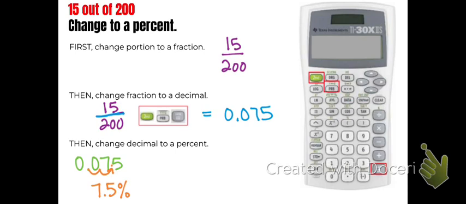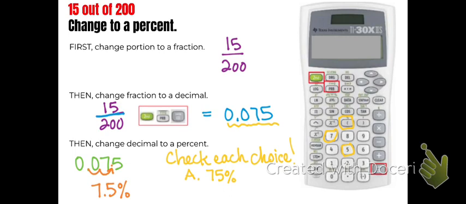The other way you can do it is use the choices. So for example, if choice A is 75%, and I'm wondering, is that the same as 0.075? I can use my calculator. I can just put in 75 and then the percent, which is right here above this button in green.